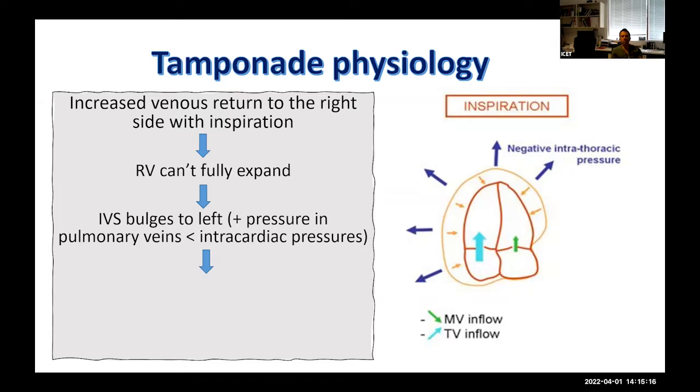Because of that, you will find there is a strong respiratory component to the inflows on either side of the heart. So during inspiration, the maximum inflow is through the tricuspid valve. However, the septal bulge into the left ventricle is not specific for tamponade. You can often see something like this when somebody is short of breath from metabolic disorders or even COPD or pulmonary embolism, in which case the absence of a pericardial effusion might be the best clue that it's not tamponade.